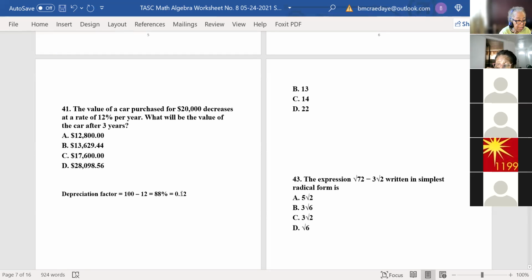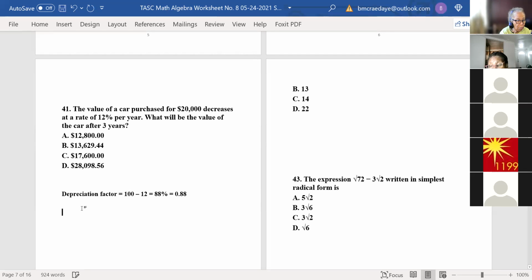And 0.88. The depreciation factor is 0.88. So it went down in value. That's what depreciation is, right? The way we find the value of the car after the period, we take the 20,000 and multiply it by the 0.88 raised to the number of years.